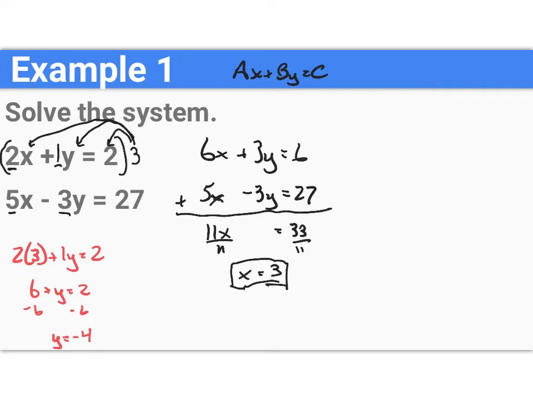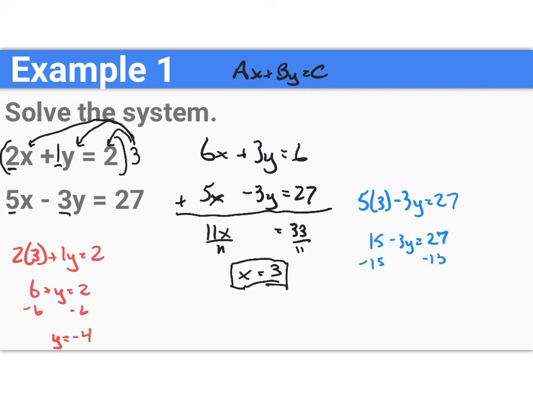If you did not get a solution, then you would have to look at your math, or maybe you possibly have a situation where it doesn't connect. Now the second equation: 5 times 3 is 15, minus 3y equals 27. When I substitute, you always see me use parentheses, so I keep my sign straight.